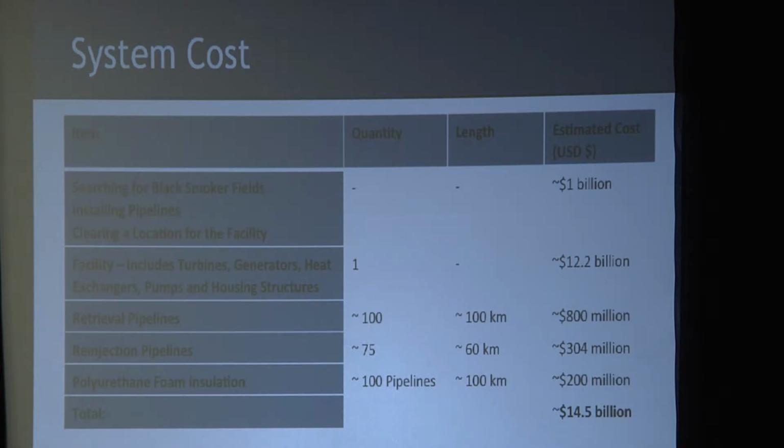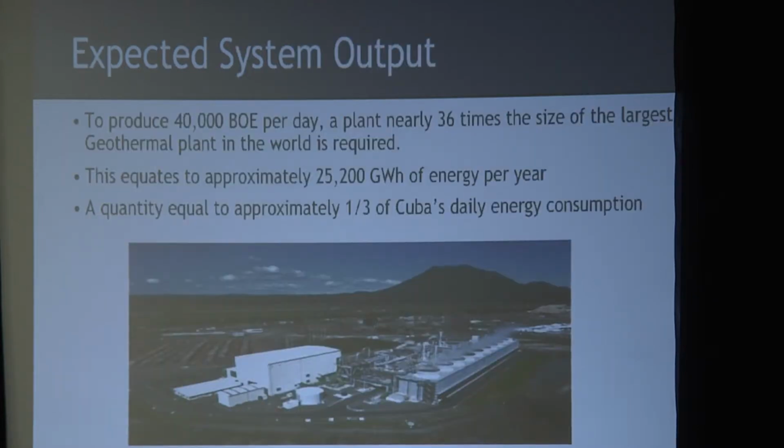This is a big amount of money. So looking at different funding opportunities will be crucial. So the expected system outcome would be to produce 40,000 barrels of oil per day. So barrels, this is not an energy unit, it's in terms of barrels of oil replacement for the actual oil that we are burning at this point.